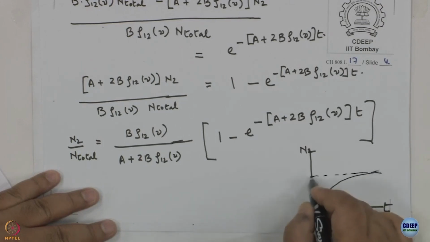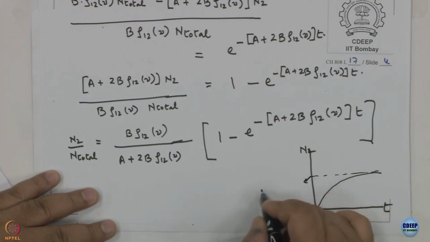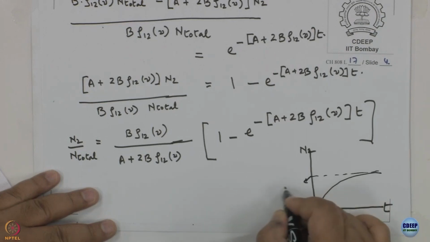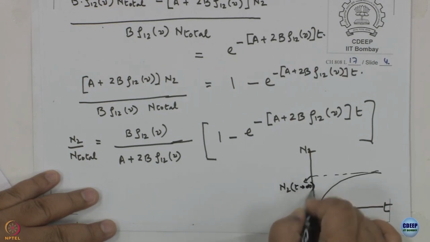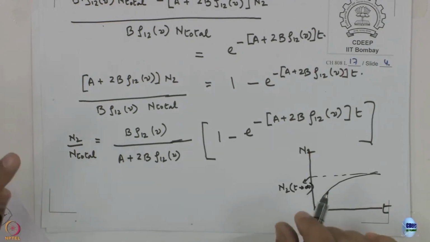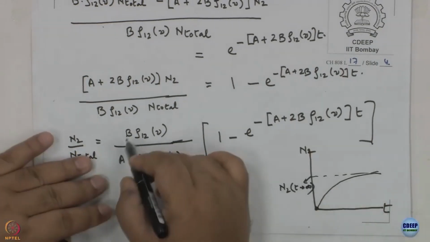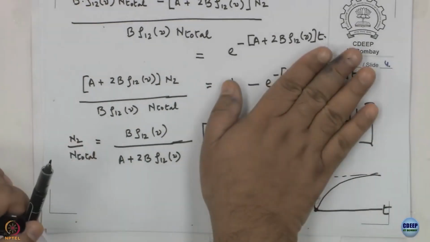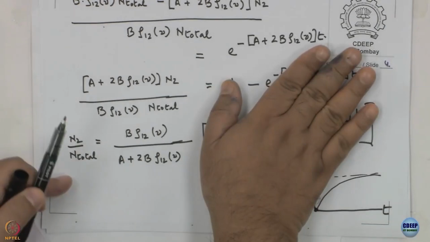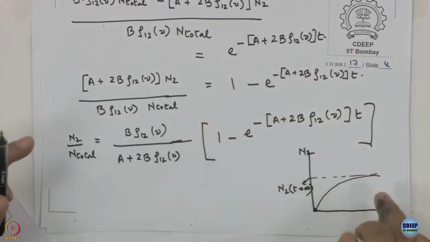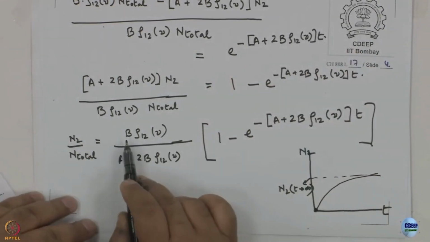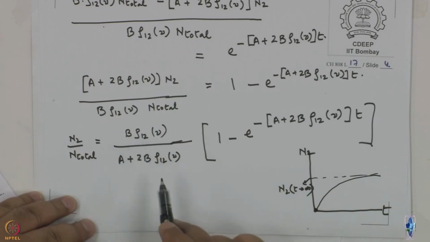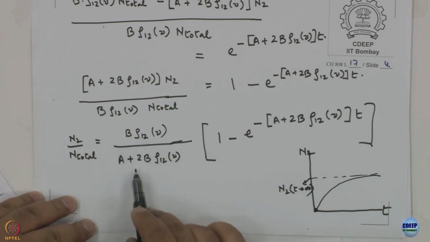And what is the saturation value? I can write N2 at time t tending to infinity. What will that be? Well, actually N total should be here then. What will N2 by N total be? So, this thing is gone, right. So, N2 by N total, best possible value, maximum value at time t equal to infinity, turns out to be B into rho divided by A plus 2 into B into rho.